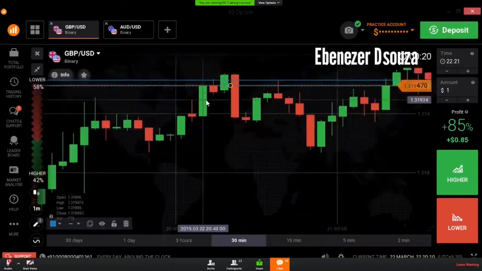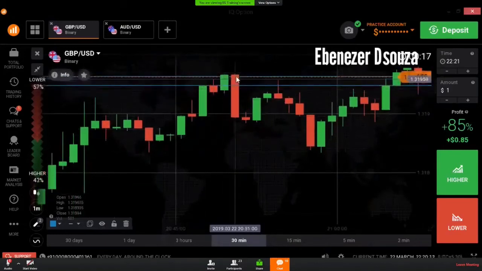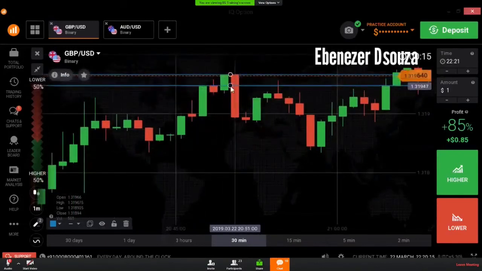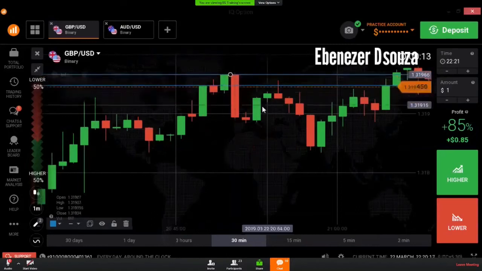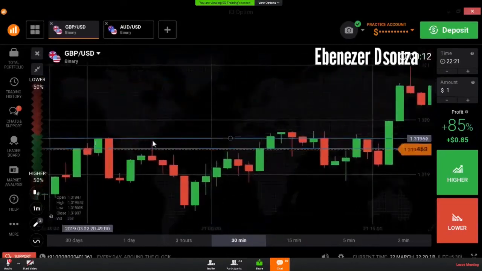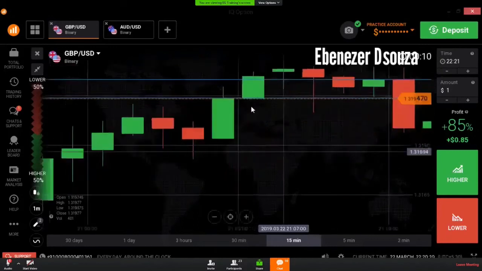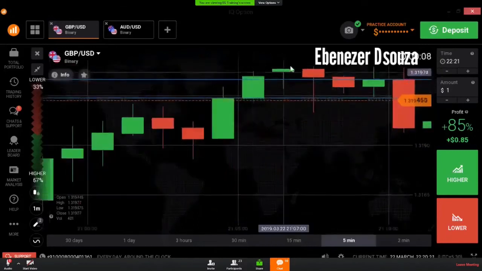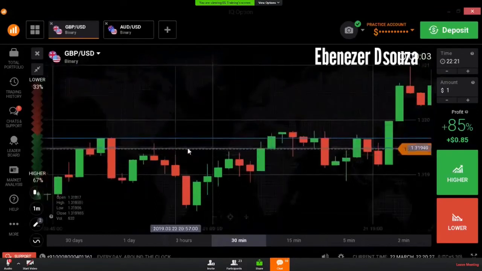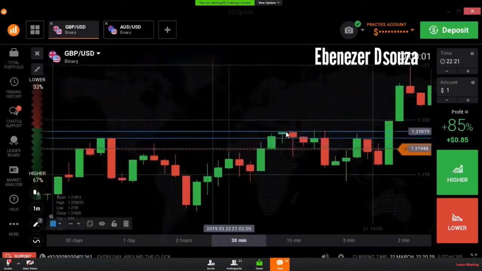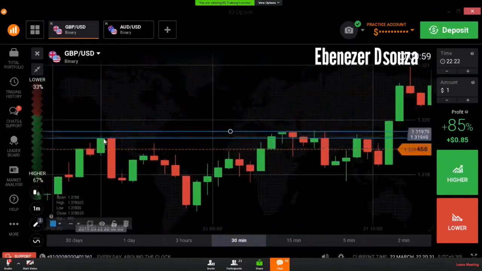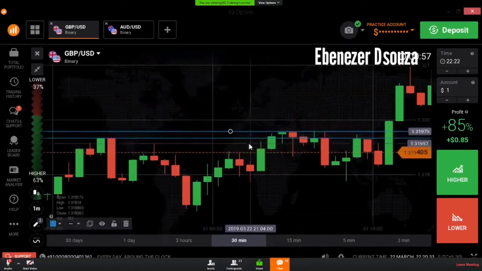Here, there is a breakout, but this is a fake breakout. That's why you are seeing a seller's entry. Now the sellers are here. If the market breaks the level, there is a chance to enter sellers on the next candle. Now this whole area is a sellers area.